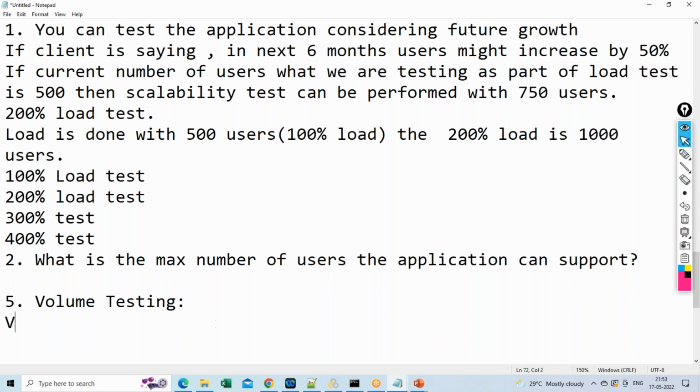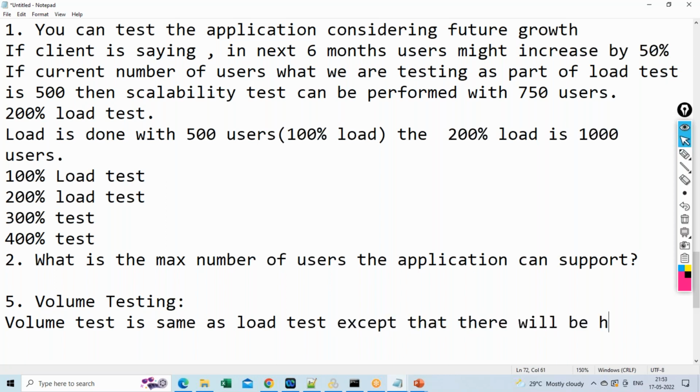I'll make a note of it quickly here. Volume test is same as load test, except that there will be huge data populated or inserted in the database.